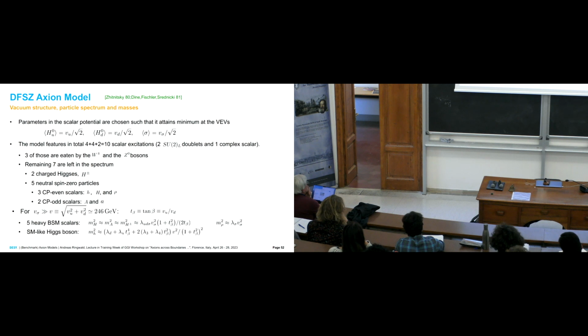Then there is a standard model like Higgs boson, which has a mass of the order of v squared, and of course these parameters have been taken such that the mass squared will be 125 GeV squared for this model. But there's no problem. And there's the axion, this Nambu-Goldstone boson, which is massless at the tree level.